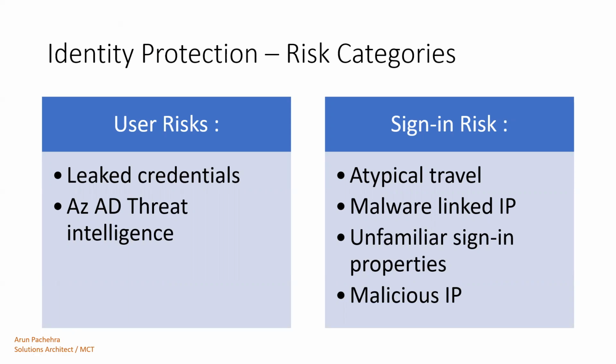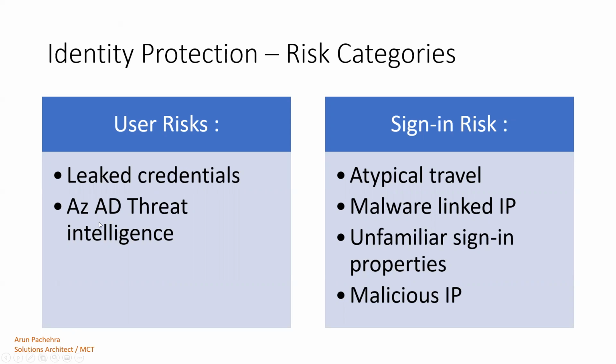The detection is powered by the Microsoft Identity Security Team. They keep gathering the data, and this detection type is offline. We'll talk about offline and online detection types, but for now, that's how it is.